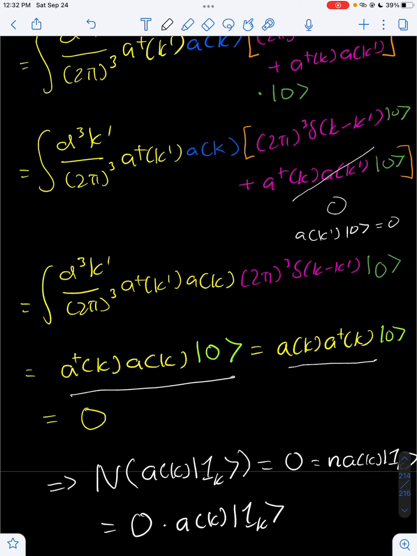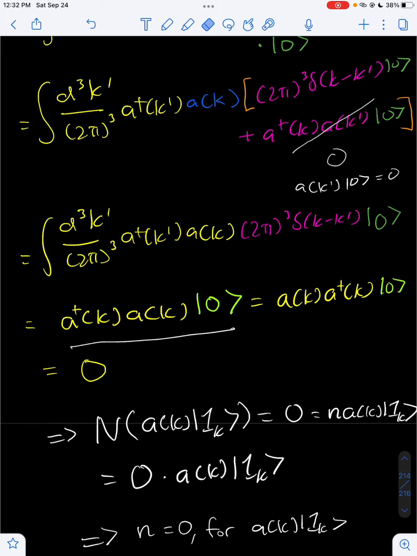So the reason why we could do this is because A of k and A conjugate k equals A conjugate k, A of k. They actually commute for the same k, which was why we were allowed to shift them around. So that gives us 0.